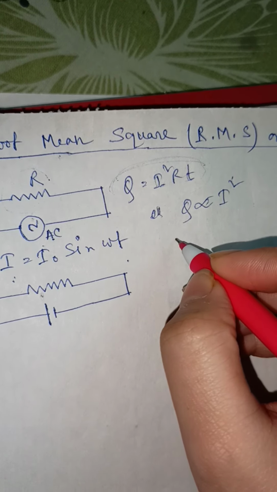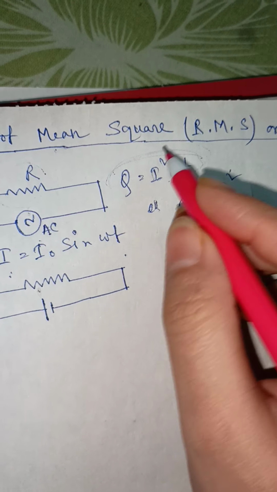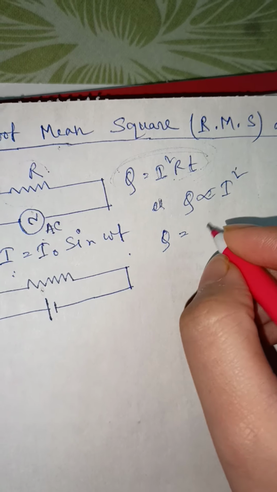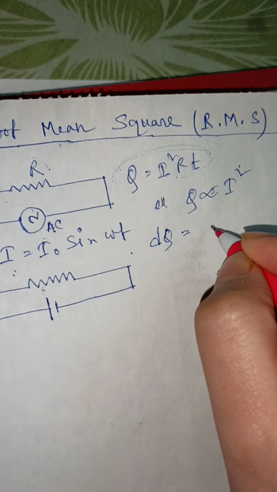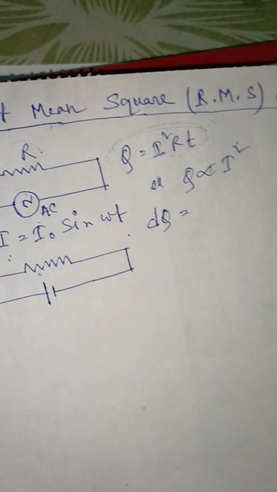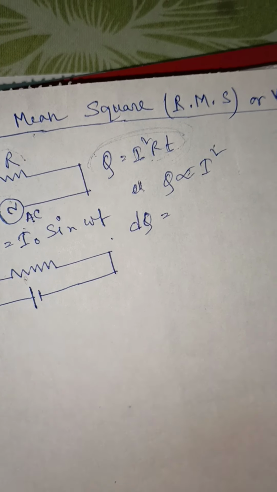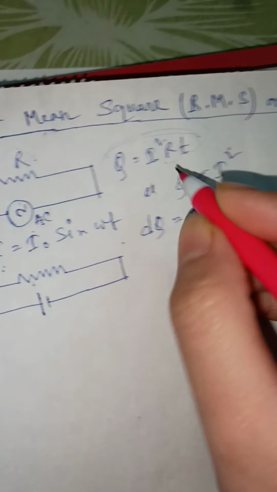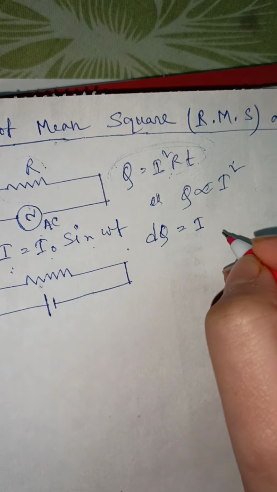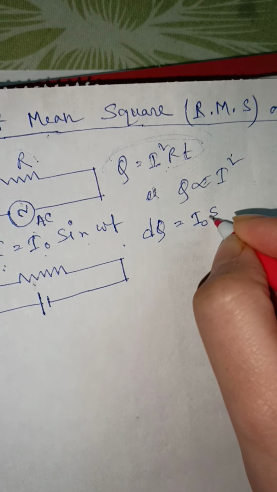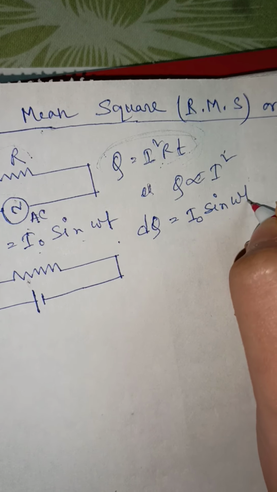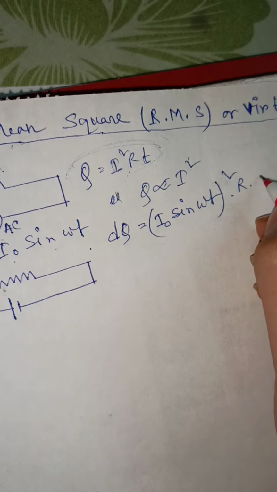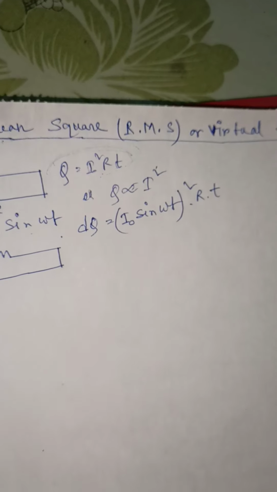This is only for constant current, but for the AC source, dQ equals I naught sine omega t, whole square, into R into dt.